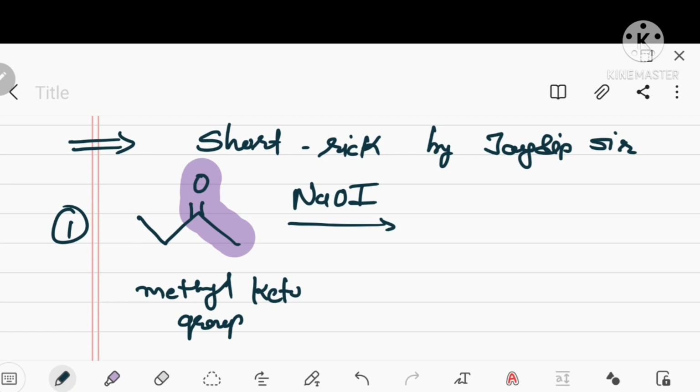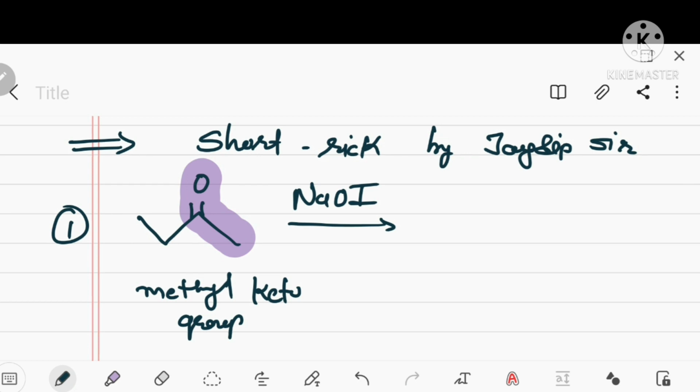The trick is, whenever you are given hypohalite or X2 and NaOH base, and a methyl keto group is present, you should confirm that the given reaction is an iodoform or haloform reaction.